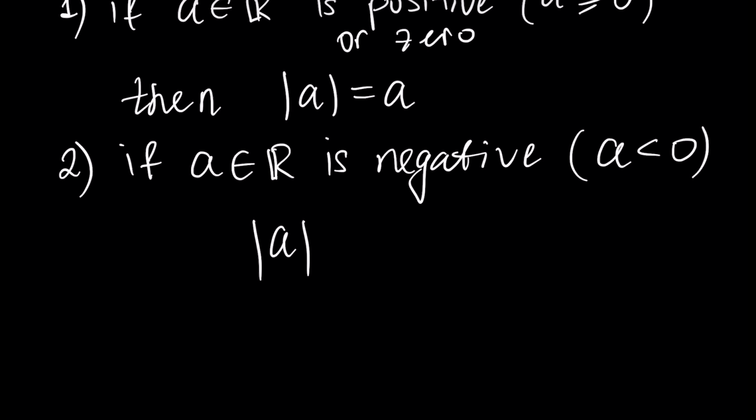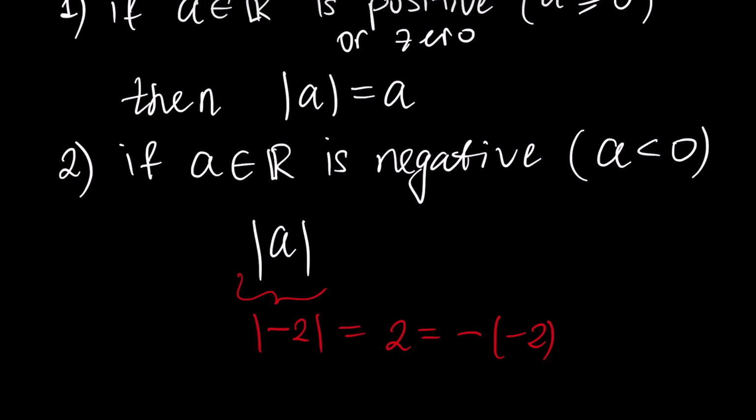For example, if A is minus 2, then the absolute value of minus 2 is 2, which is minus A. We will learn this in the next video tutorial, but anyway.